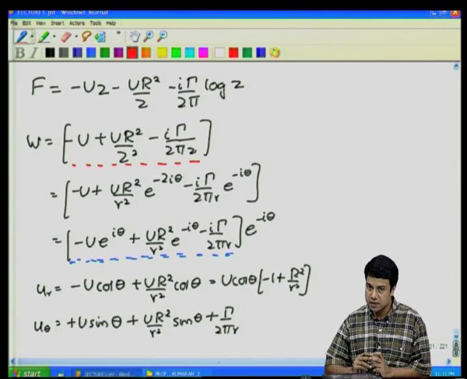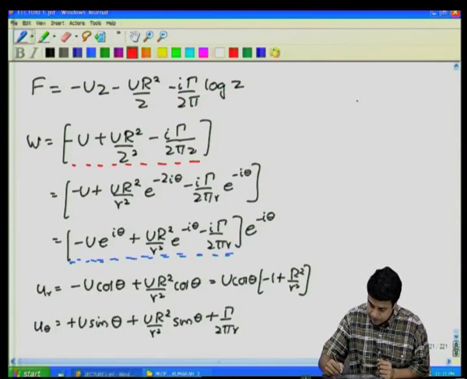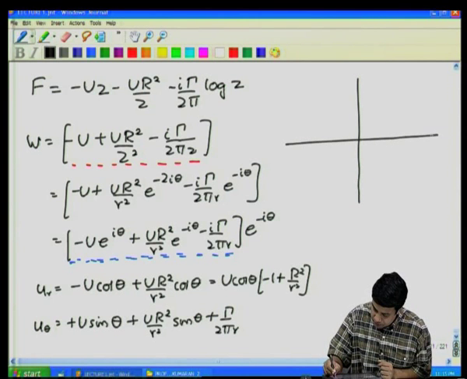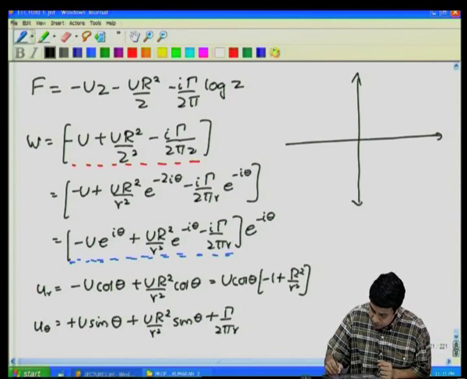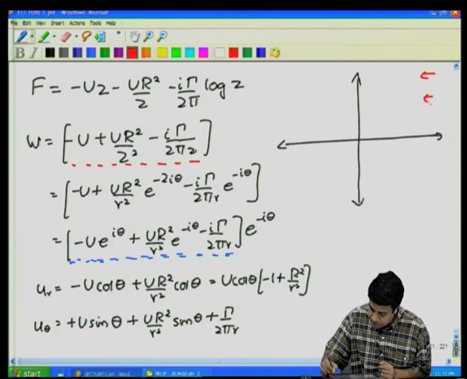So, far away from this, in the limit as z goes to infinity, we just have a unidirectional flow with magnitude minus U.